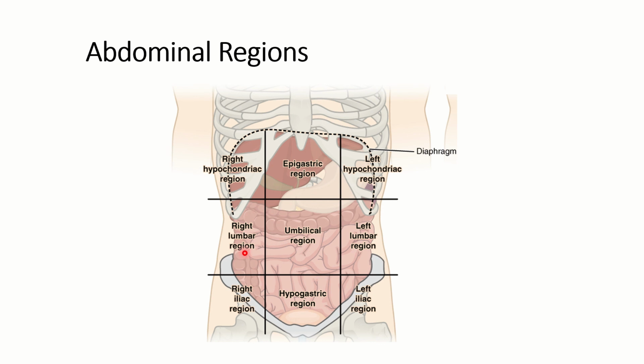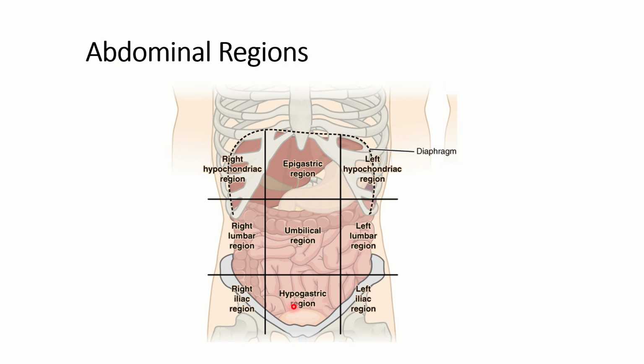In the right lumbar, you have the ascending colon, part of the small intestine, and also the right kidney. And on the left side, you have part of the colon. So descending colon is here, and part of the transverse colon and the small intestine and left kidney.